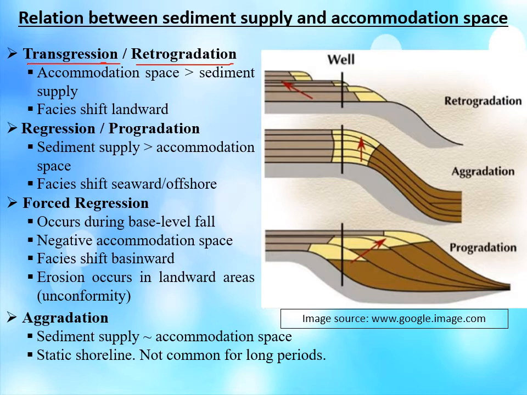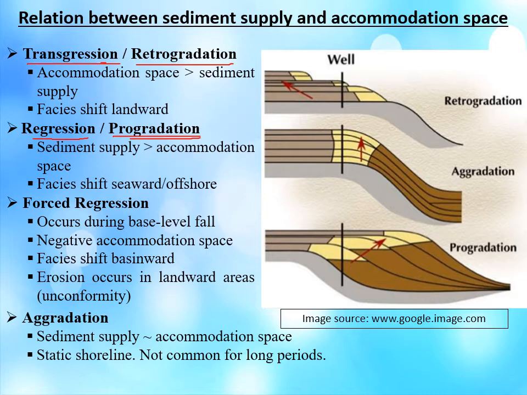And oppositely, during regression, my sea level falls, so more land area is exposed now. That means your shoreline is prograding, moving forward more to the basinal part, more to the deep oceanic part. So that is known as progradation. So transgression is equivalent to retrogradation, regression is equivalent to progradation.